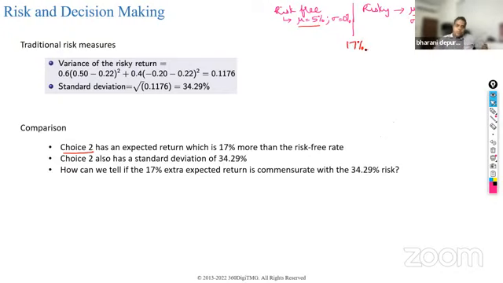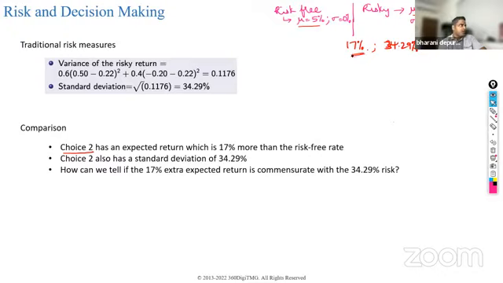So if you move from the risk-free asset to a risky asset, you get 17% more. Okay, so the expected return is 17% more. But then at what risk? If you take 34.29% risk, because from 0% to this 34.29% risk, then you end up getting 17%.